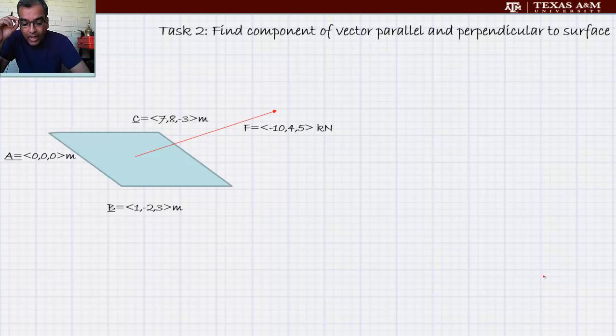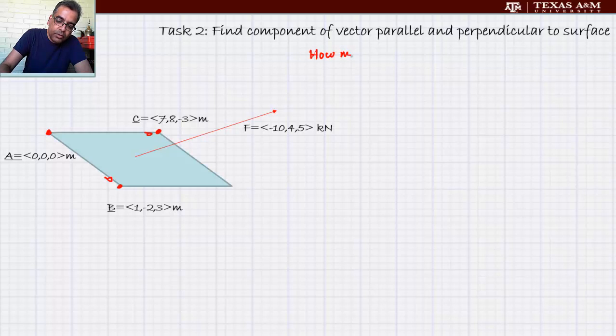Now, I don't have a line, I have a surface on which I am exerting some force, minus 10, 4, 5 kilonewtons, and I have given 3 points A, B, and C. The question is, how much pulling, which is perpendicular, and sliding, which is parallel.